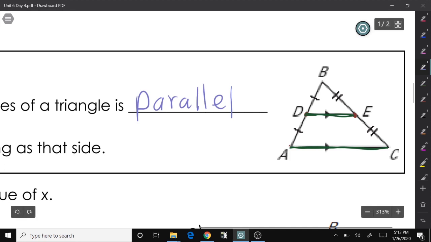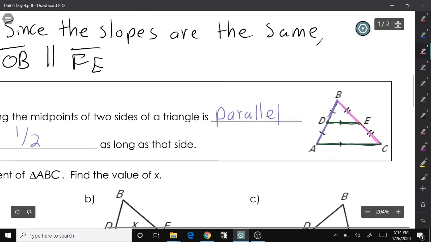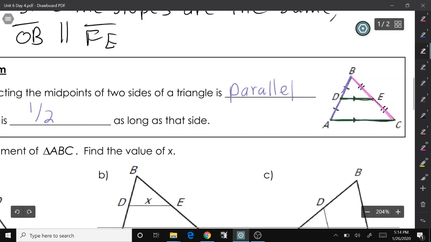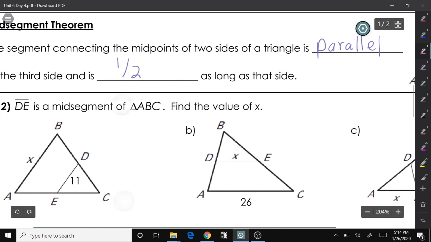What it also means is that BD and DA are congruent, and BE and EC are congruent. So that lets us do a lot of things. We're going to apply that theorem down here.